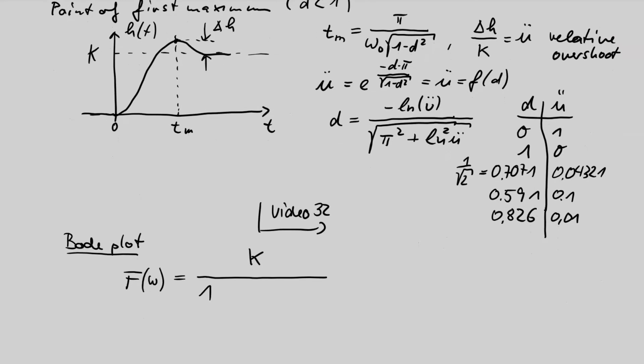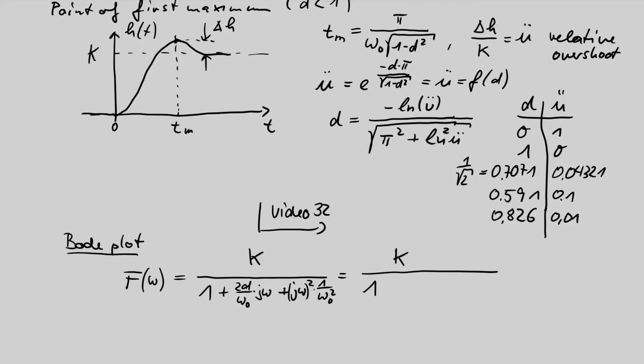So we have a 1 here plus 2d divided by omega naught times j omega plus j omega squared times 1 divided by omega naught squared. In other words, this is k times, now you see 1 is the real part, that's the imaginary part, and j squared is minus 1.